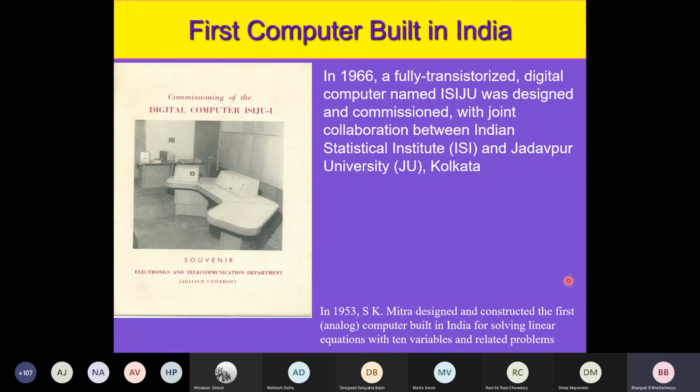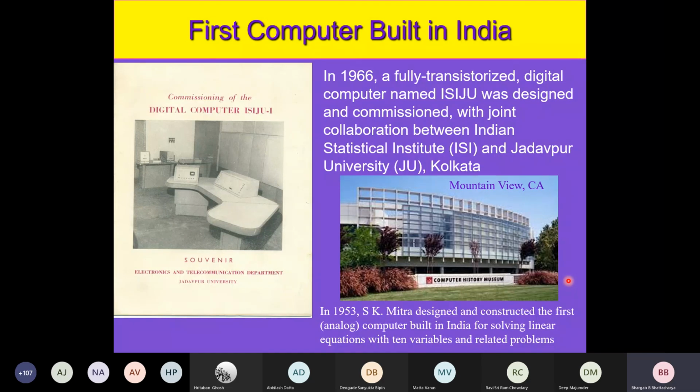And during the Indo-China War in 1962, the government of India, the army, wanted to solve some differential equations to study the trajectory of missiles. So they entrusted the Indian Statistical Institute to take care of this. And the same analog computer was used for that purpose.